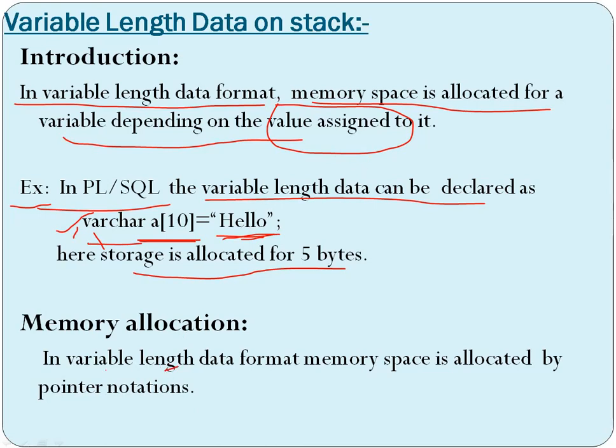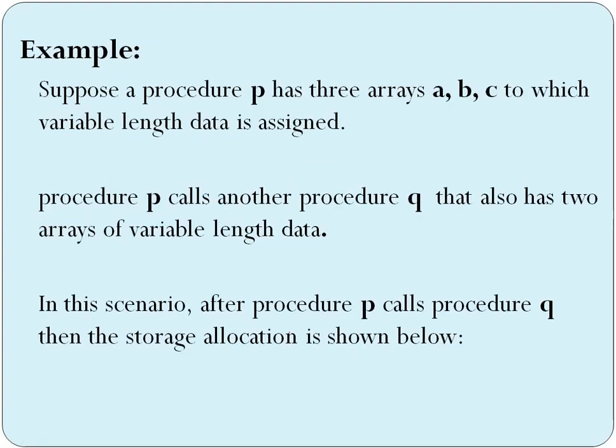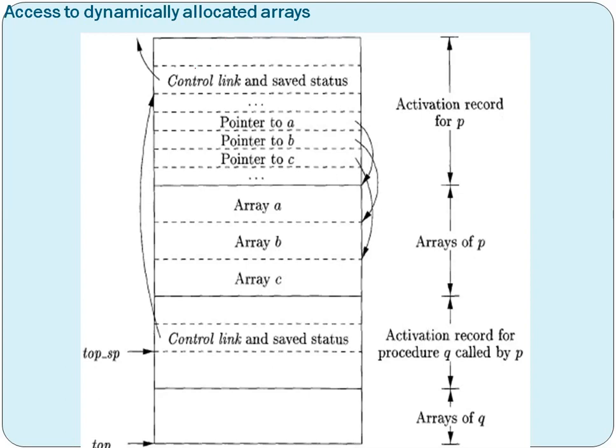Memory allocation: in variable length data format, memory space is allocated by pointer notations. We will see pointer notations. What does pointer notation mean? Suppose, see here, this is the activation record of P. Here A is variable length data.